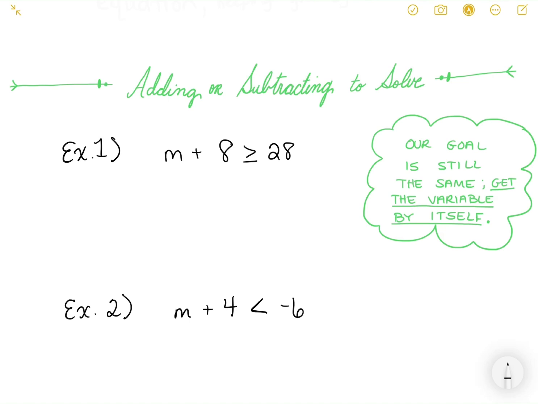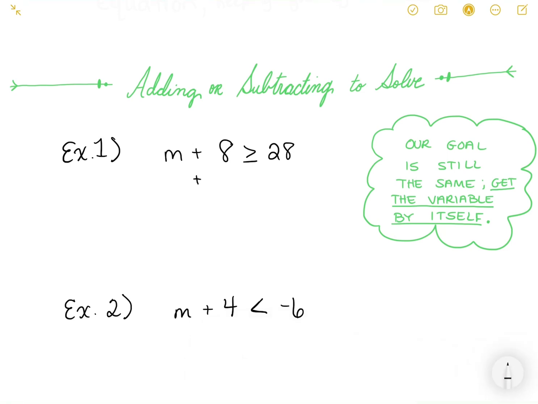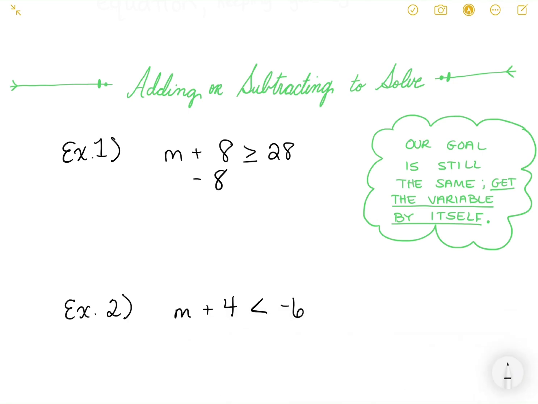In this case, m plus 8 is less than or equal to 28. In order to get the variable by itself, I have to cancel out this plus 8. In order to cancel out that plus 8, I have to subtract 8 from that side.